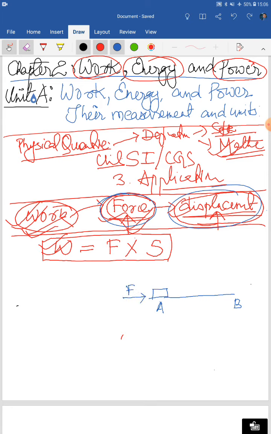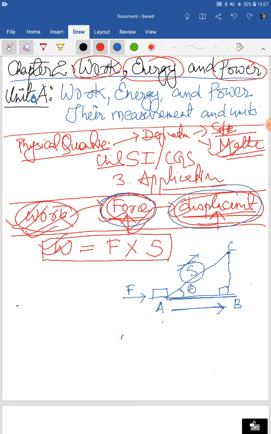The direction of force is from A towards B, but the displacement takes place in some other direction, that is from A to C. Now from point C, if I drop a perpendicular on AB, I get a right angle triangle, and here displacement is making some angle with the direction of force, and let that angle be theta. Now I know AC is displacement, but I do not know how much AB is.